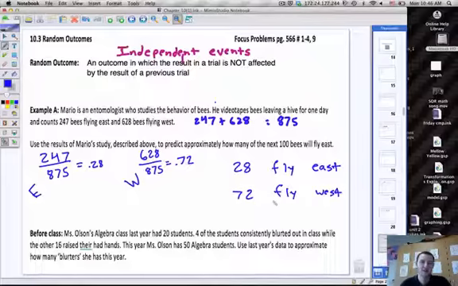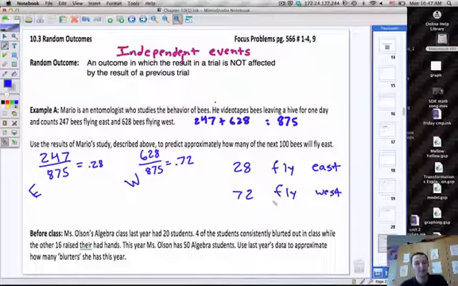Okay, so pretty simple probabilities. Just keep in mind that they are independent events. They're random outcomes. So it really doesn't matter what happened in a previous trial or in a future trial. That's not going to affect what's going to happen in the current trial.